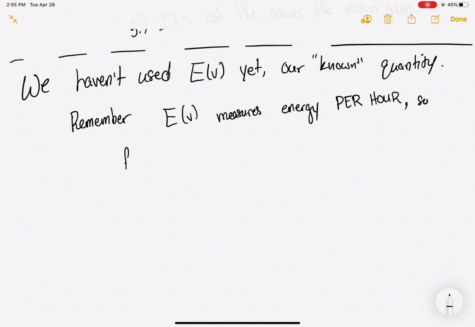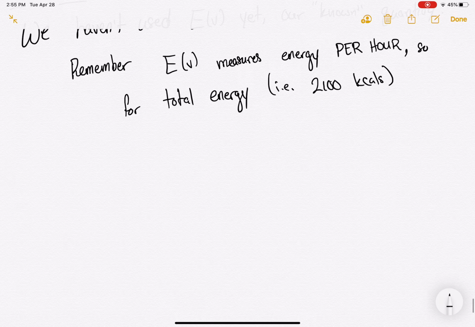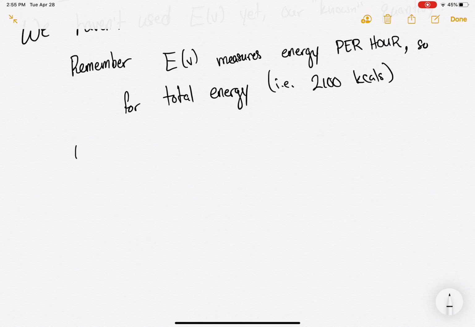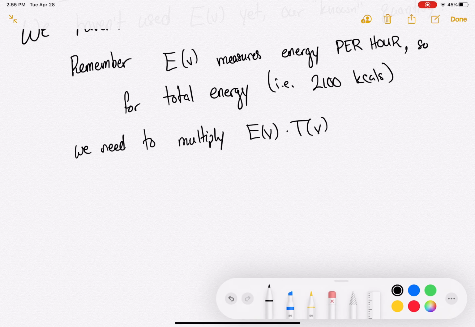So for total energy, i.e. 2100 kcals, we need to multiply E of V, energy per hour, and T of V, the number of hours.